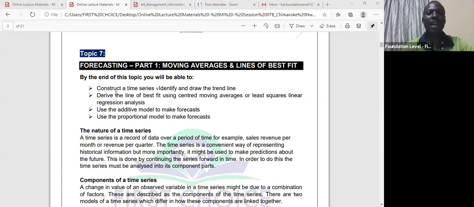We are going to identify and draw the trend line. Then we are going to derive a line of best fit using centered moving averages or least square linear regression analysis. That was where we ended in part 1.